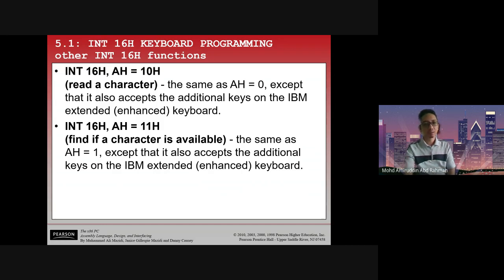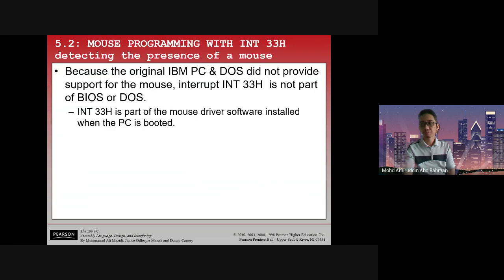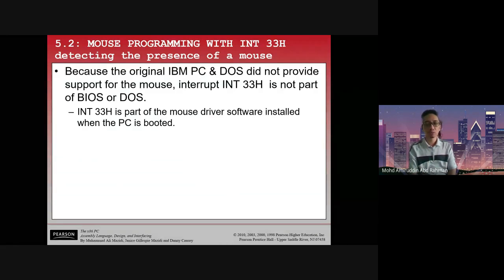Except that it also accepts the additional keys on the IBM extended keyboard. Alright, so itu interrupt 16. You ada 0, 1, 0, 0, 0, 0, 0, 1, 1, 0 and 1, 1.